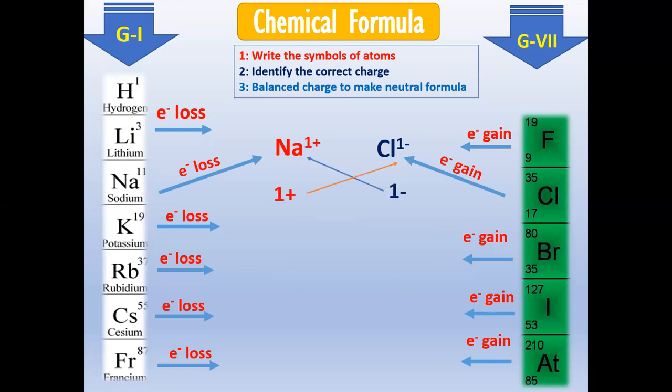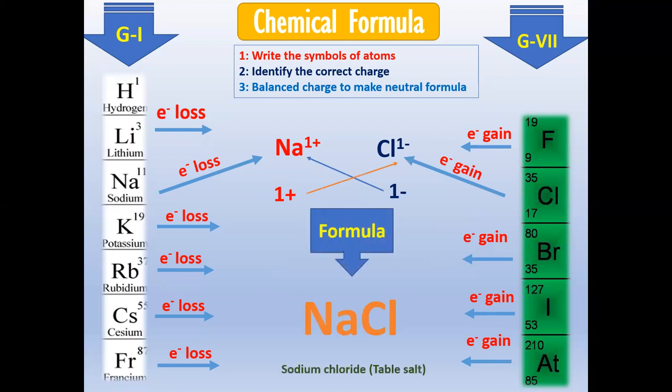We can write +1 and -1; these charges cancel each other and produce sodium chloride. And this sodium chloride is a delectable table salt, which makes our cuisines salty.